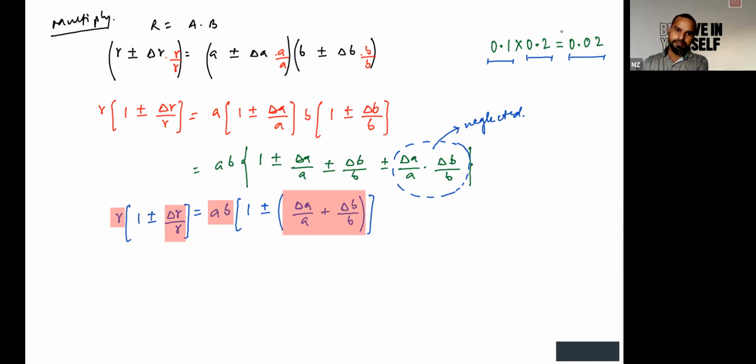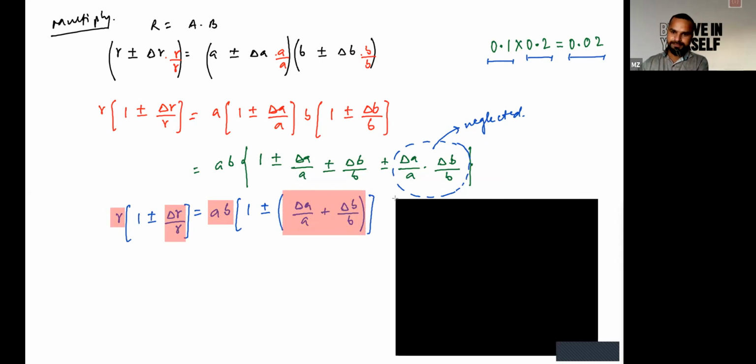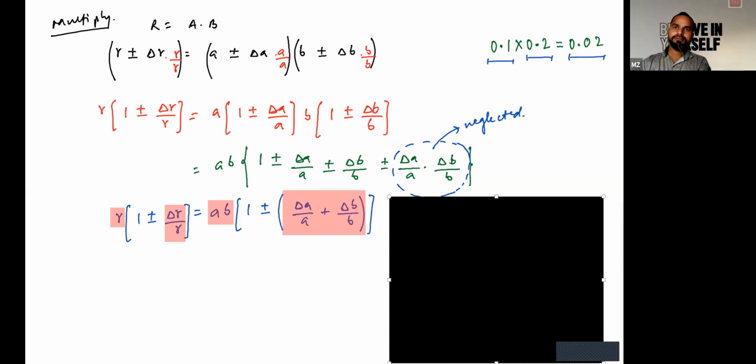So on comparing, R would be equal to A multiplied by B. Second, delta R by R is equal to delta A by A plus delta B by B. So this will be your fractional error.